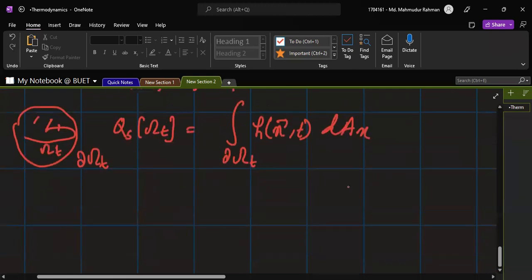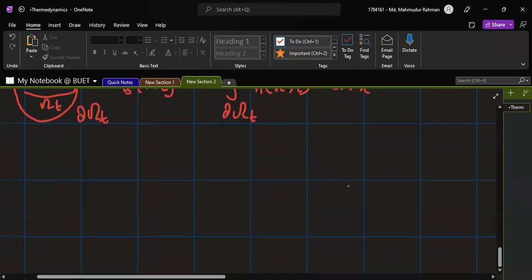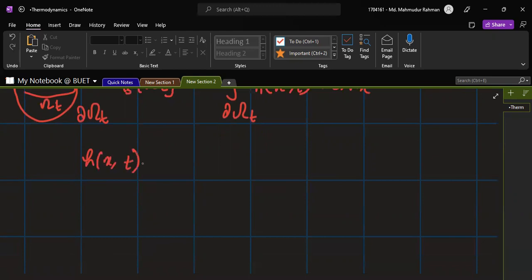But as surface area comes into the picture, we want to create something that has a vector-like nature. So this scalar field h of x, t can further be described by a vector field q of x, t. Now we dot with the unit vector n, the unit vector of the surface.